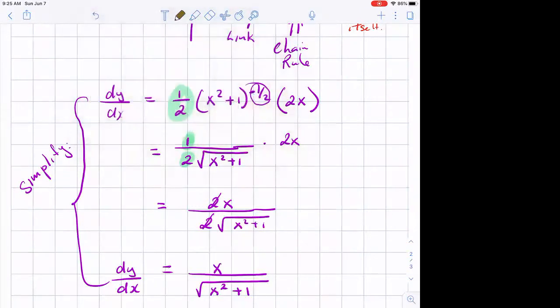Let's do it in brown. This here really means 1 over (x squared plus 1) to the positive 1/2. And then 1/2 power means square root. Yeah, a lot of algebra hidden here.